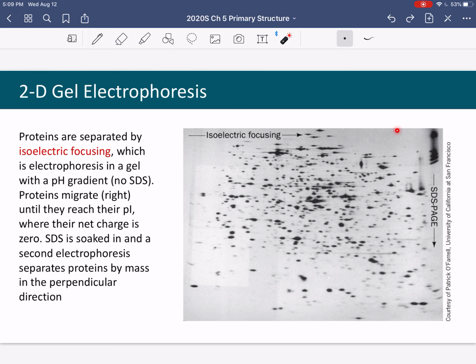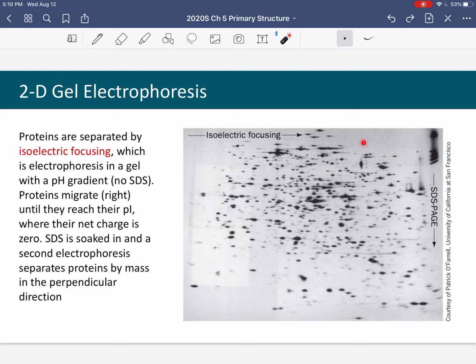And by doing that, you end up separating proteins in a line in one direction and then in another line in the other direction, so that proteins that have the same isoelectric point are likely to have a different molecular weight and be separated from each other. So if you just drew a line anywhere here, all of those proteins have the same isoelectric point but different molecular weights.